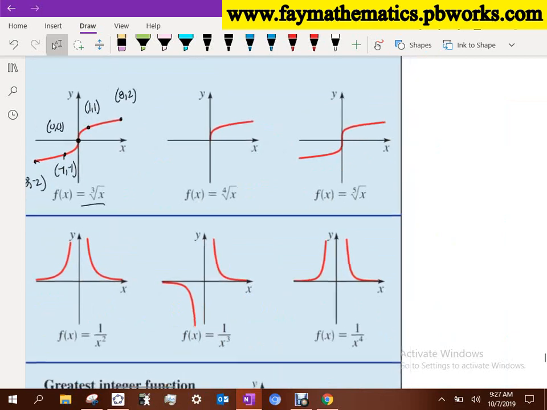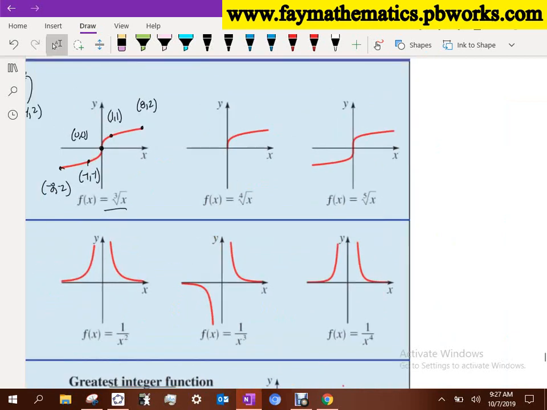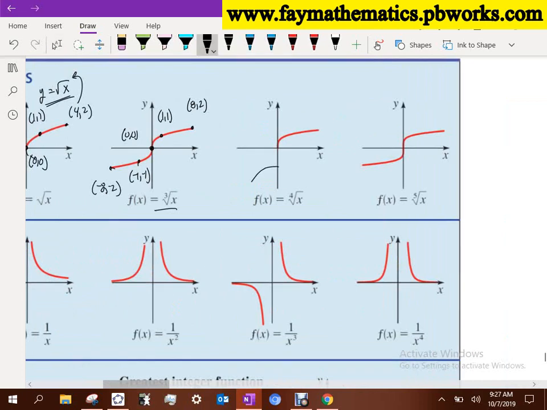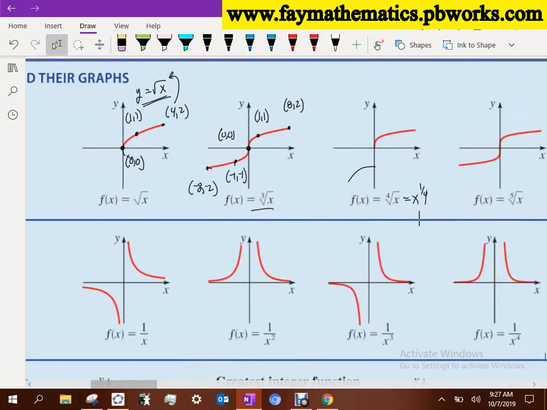Do you see then that x, I'm going to write it this way, it's just easier to say. We know the fourth root of x is the same as x raised to the 1/4 power, right? Is x to the 1/4 really the same as the square root of x, graphically? Looks very similar, right? Is x to the 1/5 very similar to the cube root of x, or x to the 1/3?